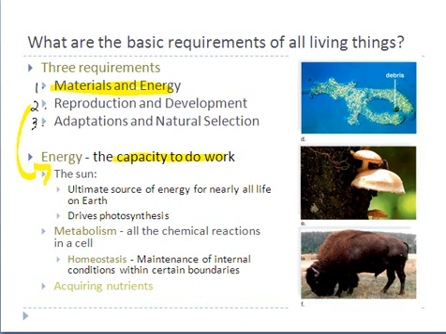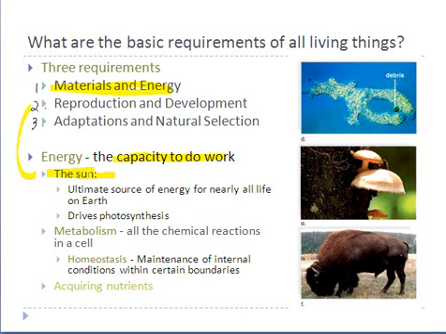So coming back to our first most important requirement, that is energy. Energy is the capacity to do work. The energy that is derived for all plants and all organisms is actually coming from the sun, which is the major source of energy.